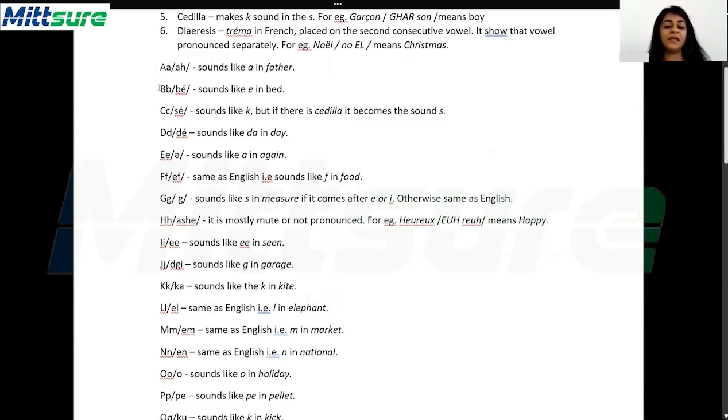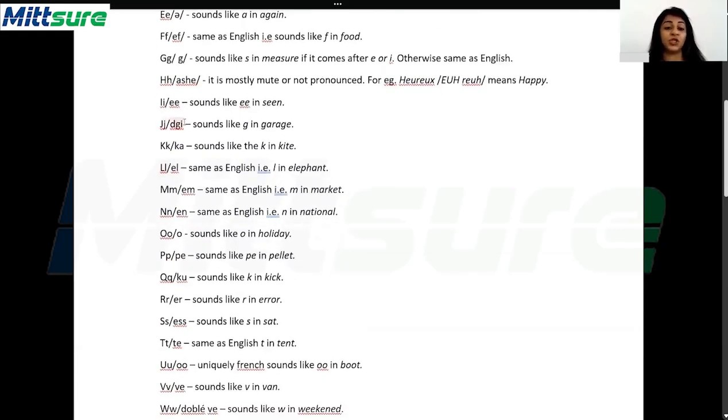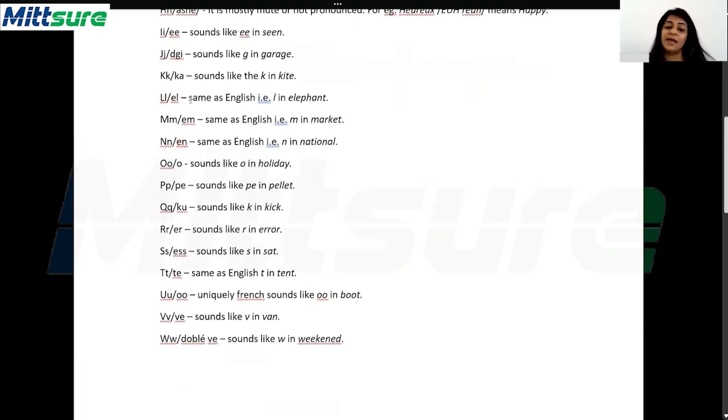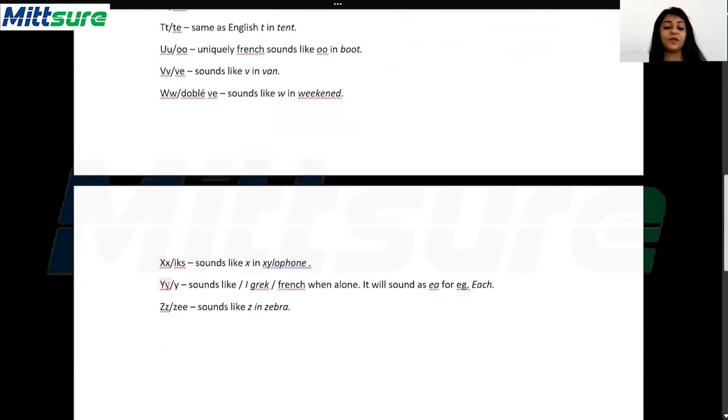A as A, B as B, C as C, D as D, E as A, F as F, G as G or J, H as H, I as E, J as G, K as K, L as L, M as M, N as N, O as O, P as P, Q as Q, R as R, S as S, T as T, U as U, V as V, W as W, X as X, Y as Y, Z as Z.